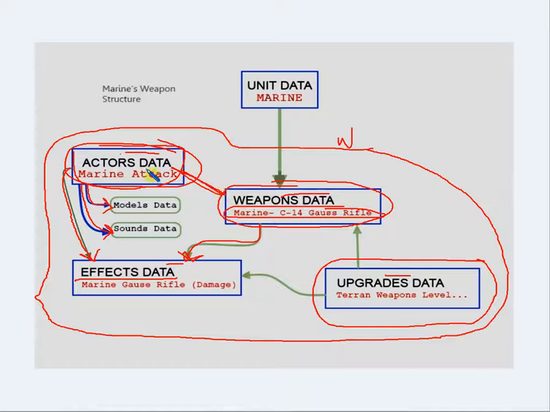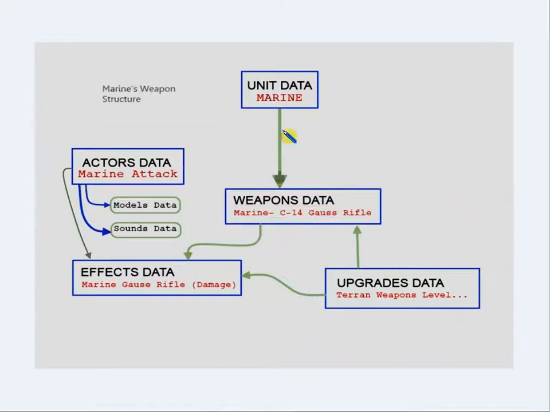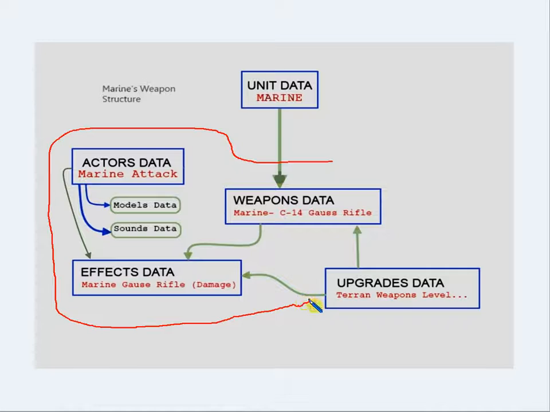What happens is when the weapon is fired and the effect is created, the actor then displays the model and sounds. But I'm not sure about that exactly, but the point here is to show you a simple structure and how to look at it.